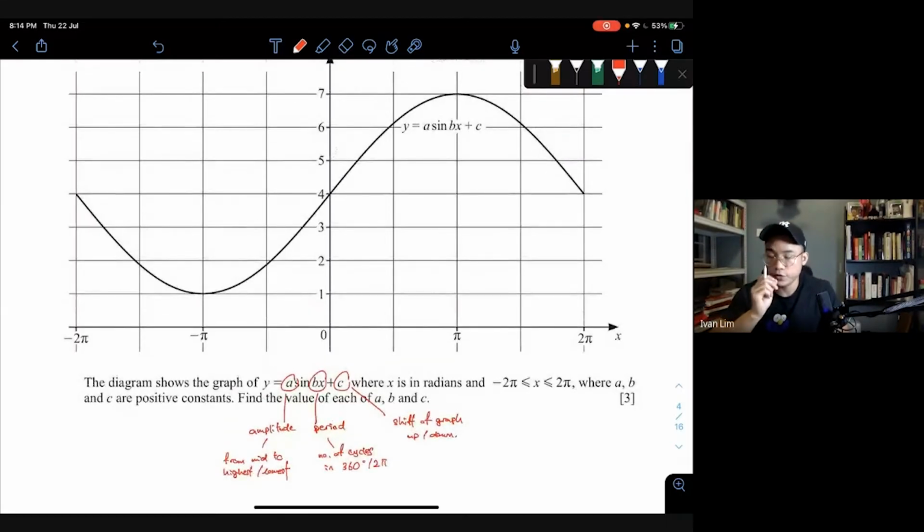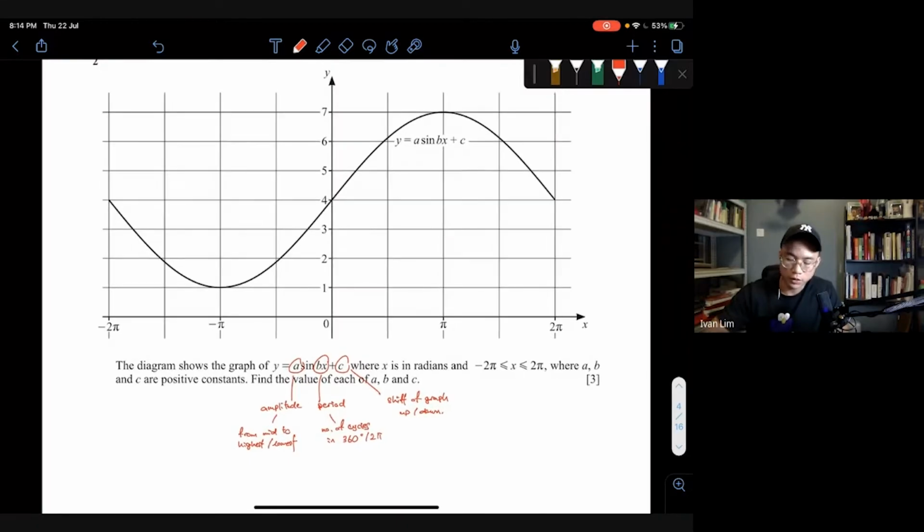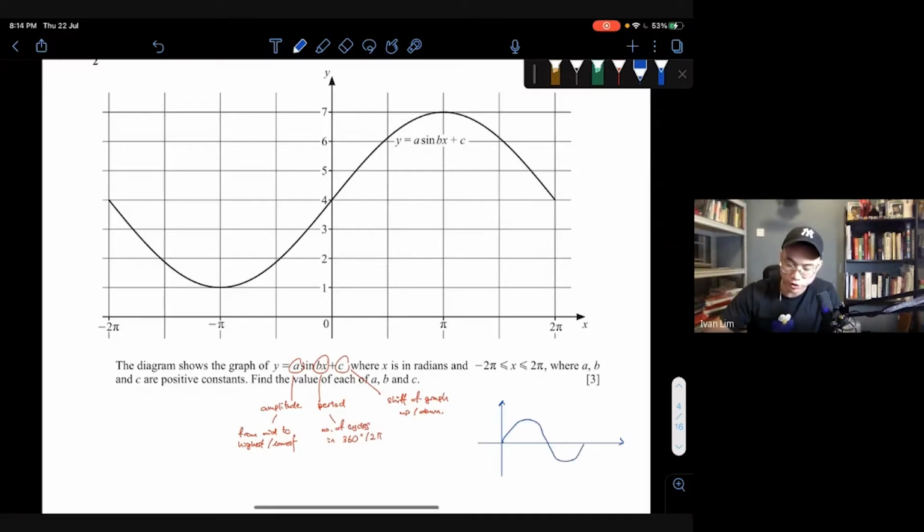So the first thing when you see this, you always want to compare with the original graph. I will always sketch a small sketch over here or anywhere you have space. Just draw your original graph first, because you're comparing a sine graph. So my original sine goes 1, 0, negative 1, then 0, 180, 360.